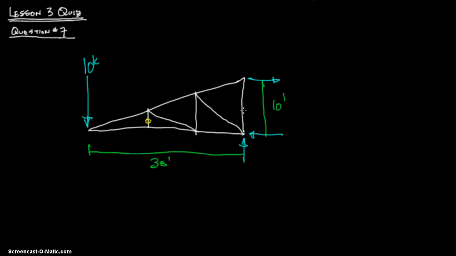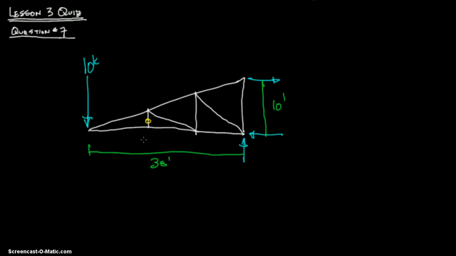Right here, I would say that definitely has some sort of force because you're going to have something to resist this, and therefore you're going to have an X component, and if you have an X component, you have to have a Y component, unless that reaction right here resists, which it doesn't say it does. So let's assume that this will also have a load on it. So we're not sure about those two. They may carry no load, but we don't know that yet.